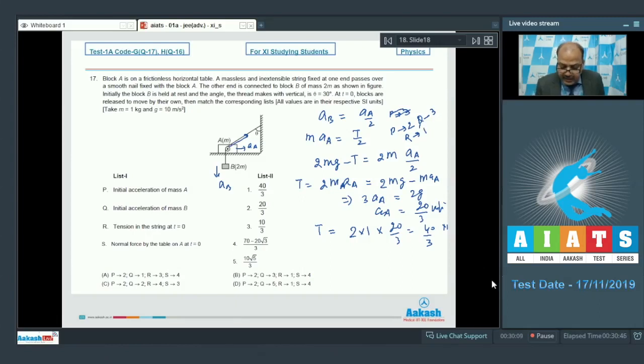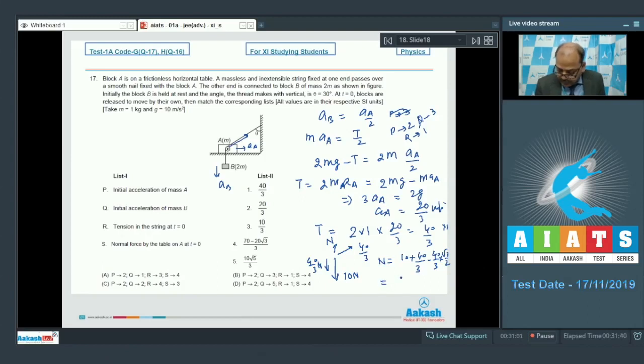and normal force by the table on A at t equal to 0. For this we have to look at the FBD of A, and there is this mg, that means 10 Newton. There is tension T, which is 40 by 3 Newton. There is also this tension here, again 40 by 3 Newton, and there is this normal reaction. So normal reaction is equal to 10 plus 40 by 3 minus vertical component of 40 by 3 into root 3 by 2.